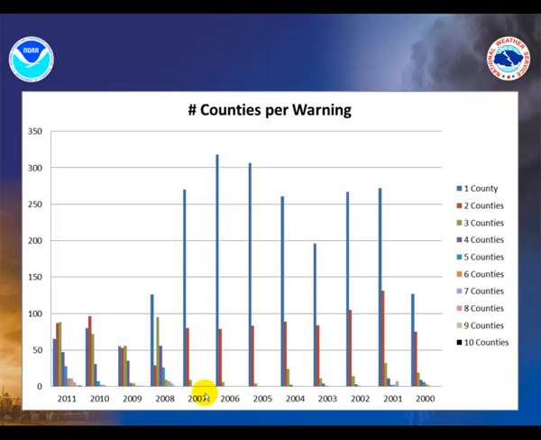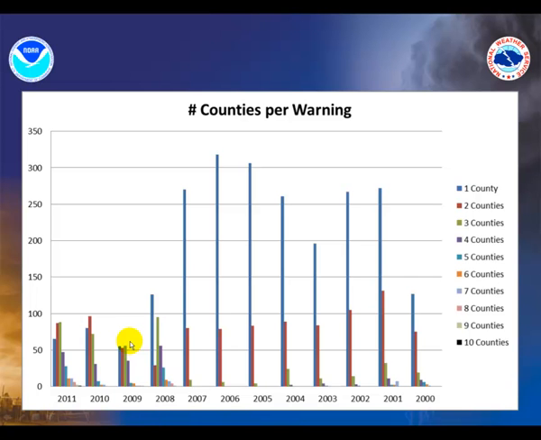And you can see that from 2000 to 2007, the vast majority of warnings only had one county associated with them, and nearly all were either one or two county warnings, with very few with three or more. But since 2008, there are actually as many, if not more, 2 and 3 county warnings as there are 1 county warnings.